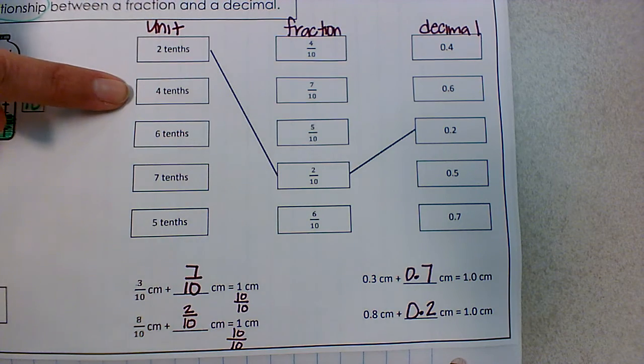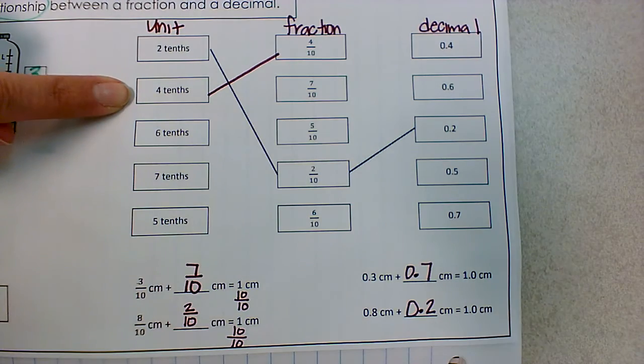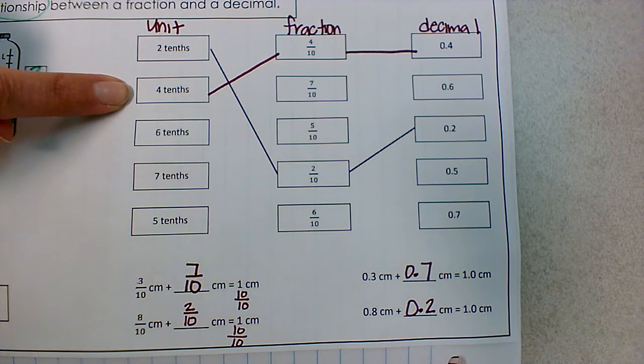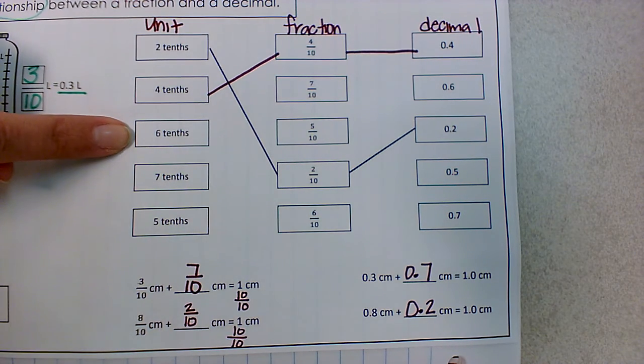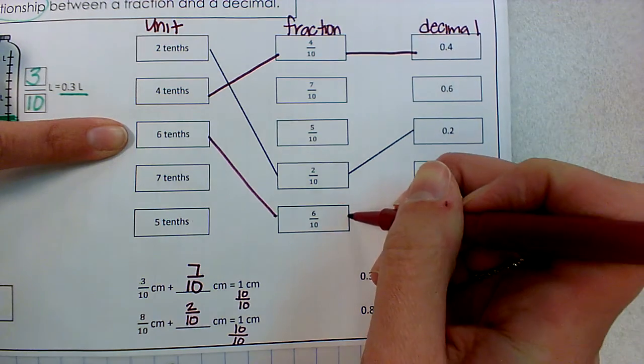I need 4/10, so I know that's going to look like 4 over 10, 4/10. And then I look again, oh, matches right here, equals 4/10. All right, let's move to our next one, 6/10 as a fraction. Here we are, 6/10 as a decimal.